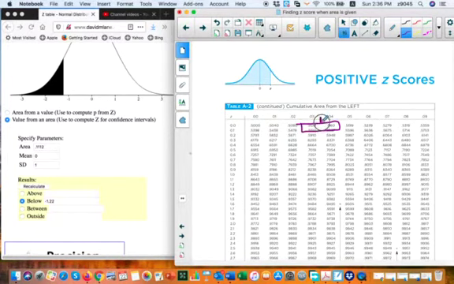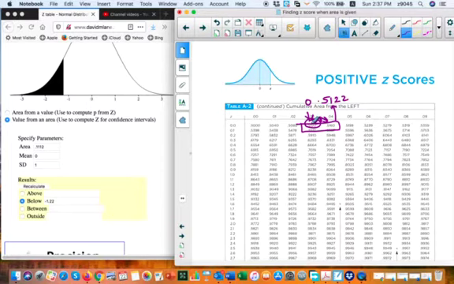Now, if it is between them, let us see the distances between both of them. 0.5120 and 0.5160. This value is slightly bigger than 0.5122, which is the target area, and this is slightly less than that. If I compare both of them, this value is comparatively much closer as compared to this.